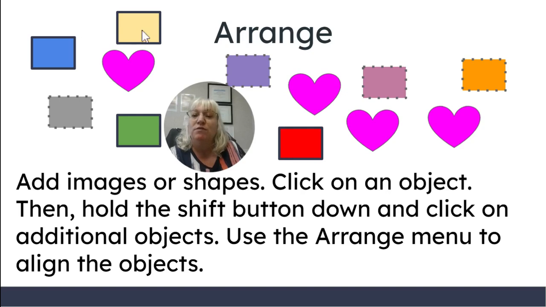Click on one of your shapes, then hold down the Shift button on your keyboard and click another shape. Then go up to Arrange and you can align those objects on the left, on the right, in the center, in a variety of ways.